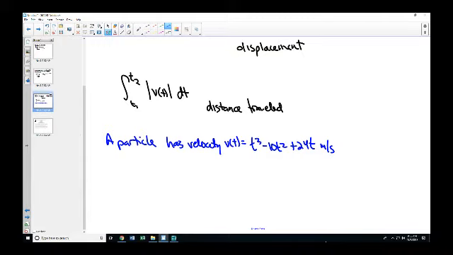Let's find the distance traveled over 0 to 6.